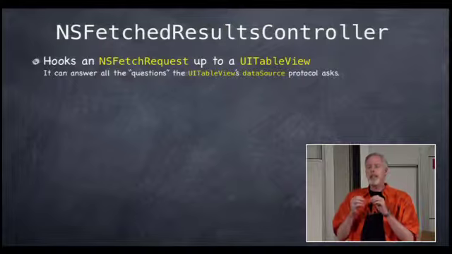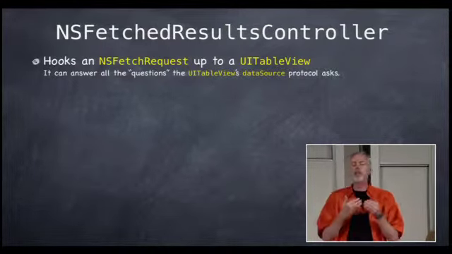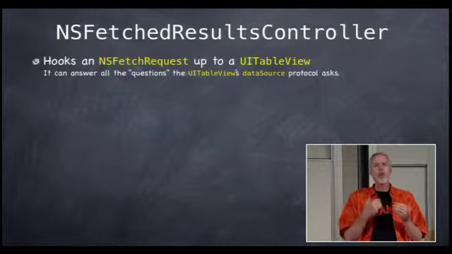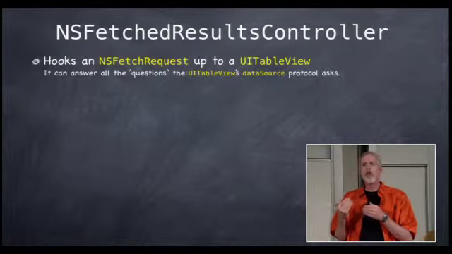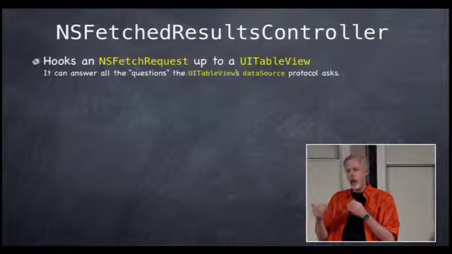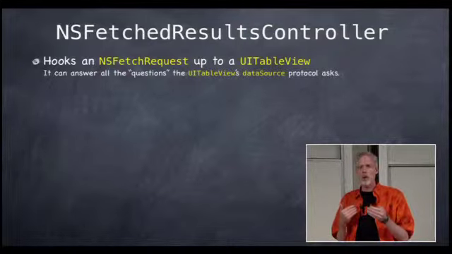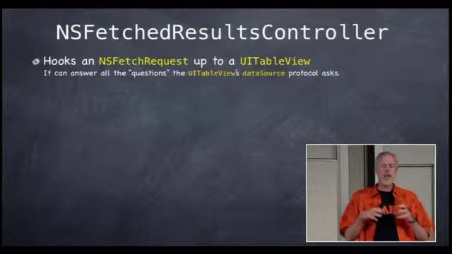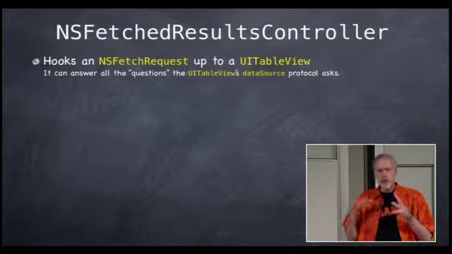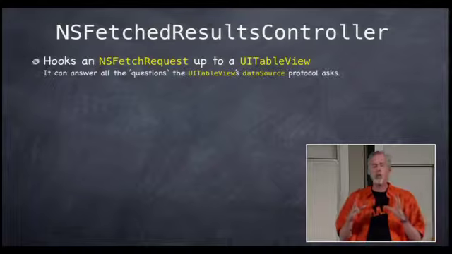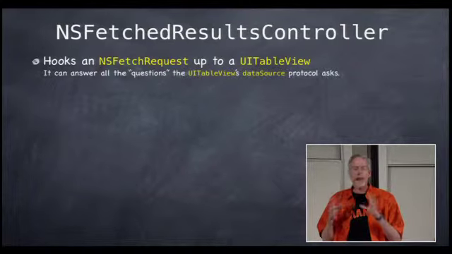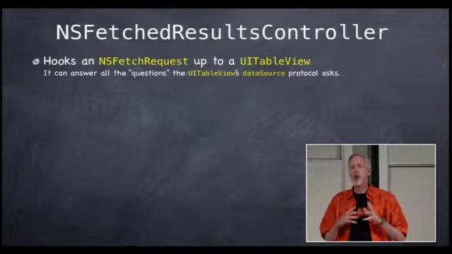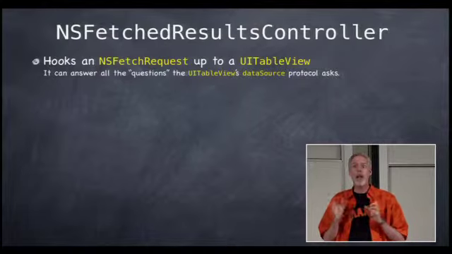One, you want all that to be efficient. You don't want to be sucking things out of the database until they're actually needed, so you want to make sure it's efficient in how the table view is interacting with the queries and the fetch that's happening. And then the second is there are a lot of things like sections, creating sections for your table view, that you found even with this assignment can be kind of complicated, and it's extra code. You'd kind of like all that to happen by magic, right?